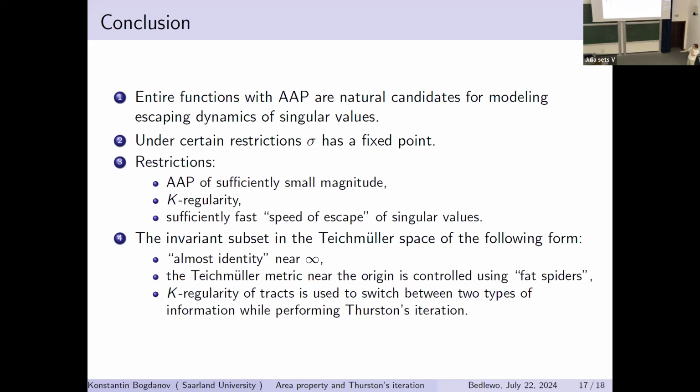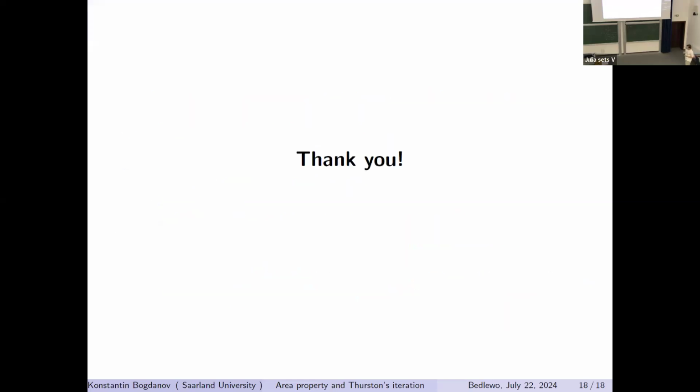When we do the iteration, the points near infinity come to the region near the origin, and K regularity exactly helps to say that the new leg of a spider which appears is not going to induce very big dilatation. Okay. Thank you.